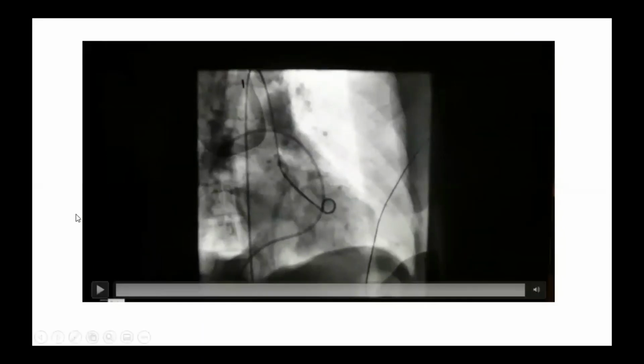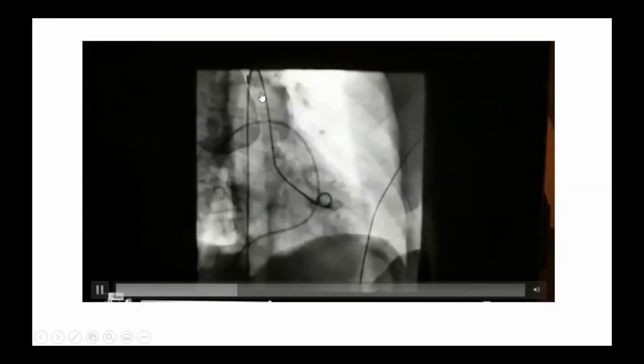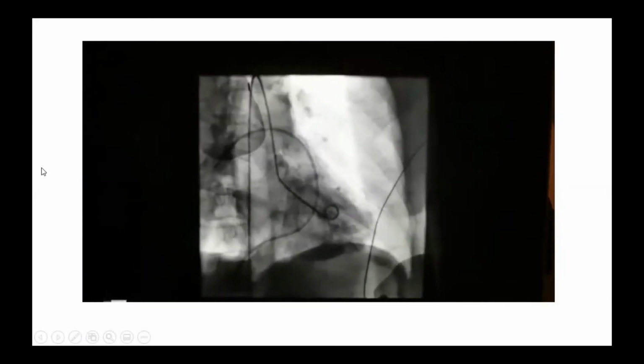Now, how about this one? Name the structures that you can see here. Apparently there are many wires inside. Number 1 is the pigtail catheter. Then the pacemaker lead.